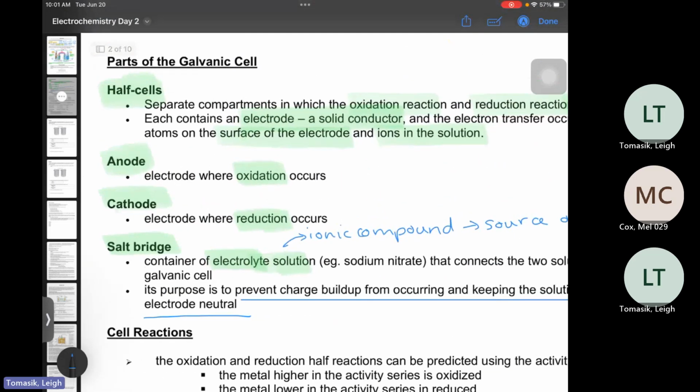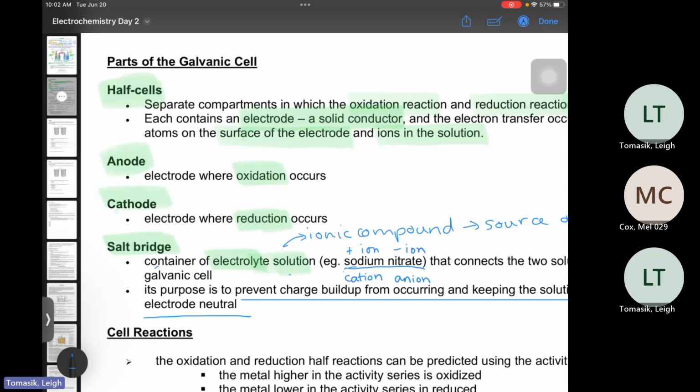Okay, so that's the salt bridge. The salt bridge is a container of electrolyte solution, and it doesn't matter what it is, but it will always have two components. It will have a cation, which is a positive ion, to replace the positive ions as they go away, and an anion, which is a negative ion. The cation is always the first thing.